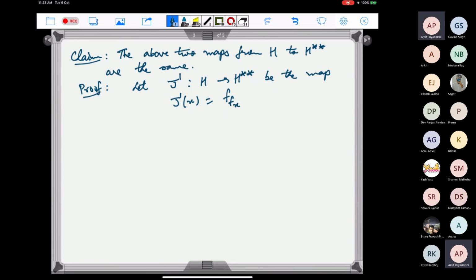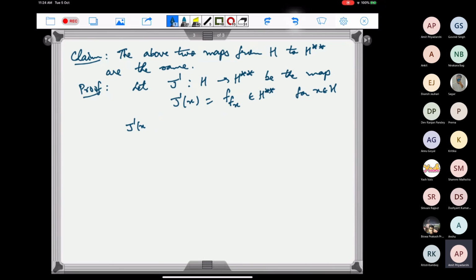This belongs to H double star for x in H. So we know how this f sub x is defined. So J dash x of any f.